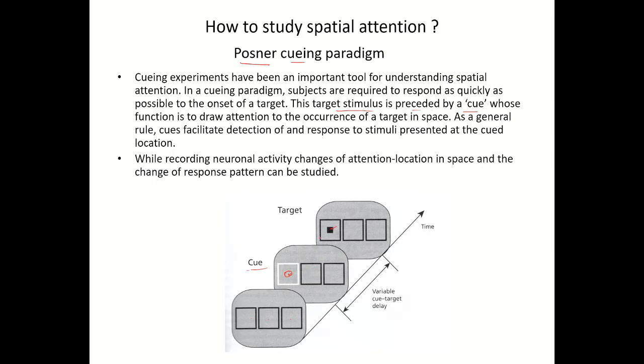And if the object appears here, then that is the valid cue. In this way you can also create an invalid cue, like if this square lights up but the target appears here, that is invalid. And if this one, it might appear here or here, so that is a neutral cue.